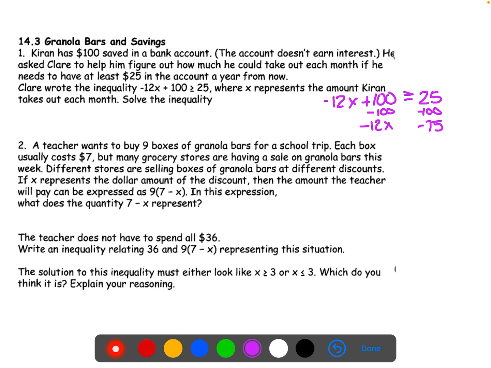When I subtract 100 from 25, I'm at negative 75. Now I'm going to divide that out by negative 12 to cancel that. And x is going to be negative 75 divided by negative 12, which is 6.25.